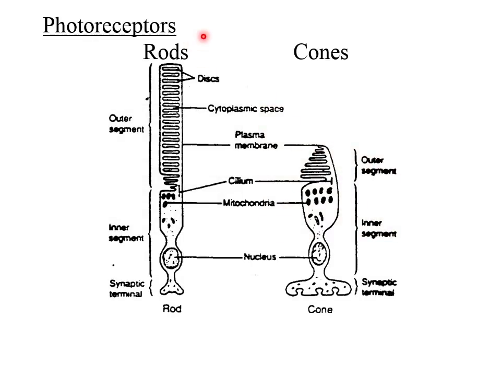Rod and cone photoreceptors are named for the shape of the photoreceptor outer segment. This is a photoreceptor, a rod, and this is the outer segment. This is on a rod, and a much smaller outer segment on a cone.